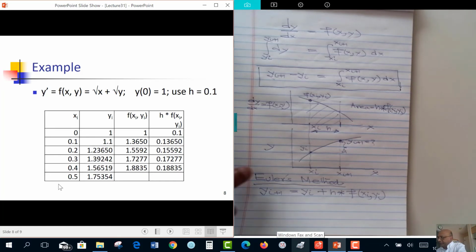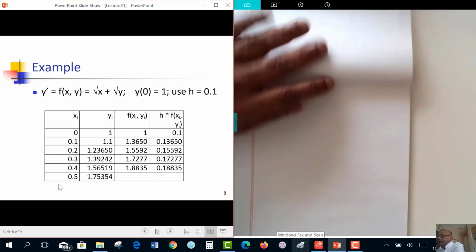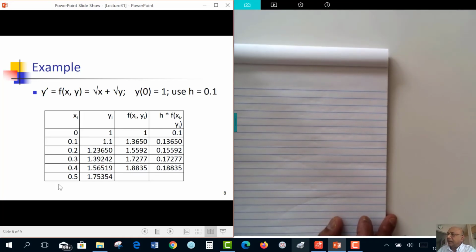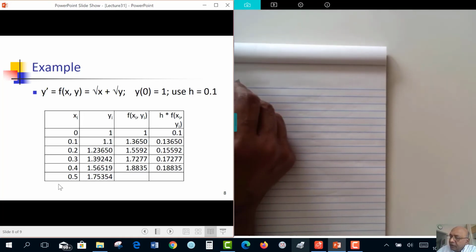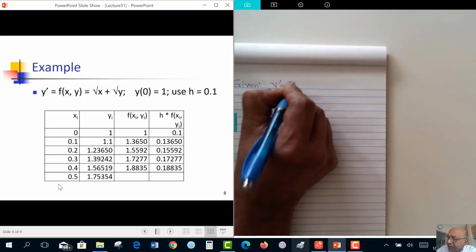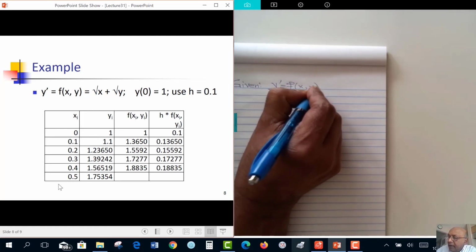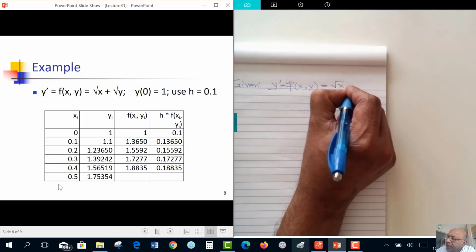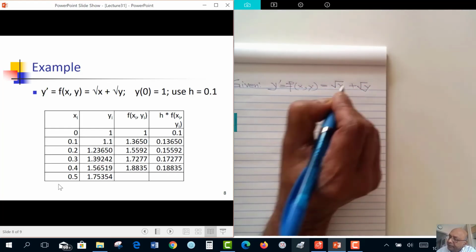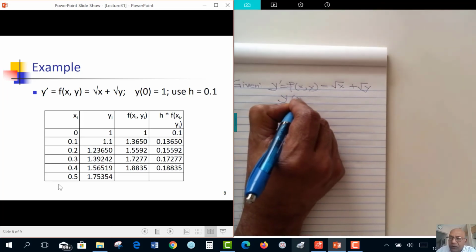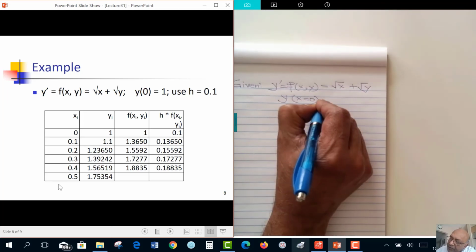Let's do an example. And please do it along with me. Pick up your calculator. So let's suppose we are given that y prime, dy dx, which is a function of x, y, is the square root of x plus the square root of y. And y at x equal to 0 is equal to 1.